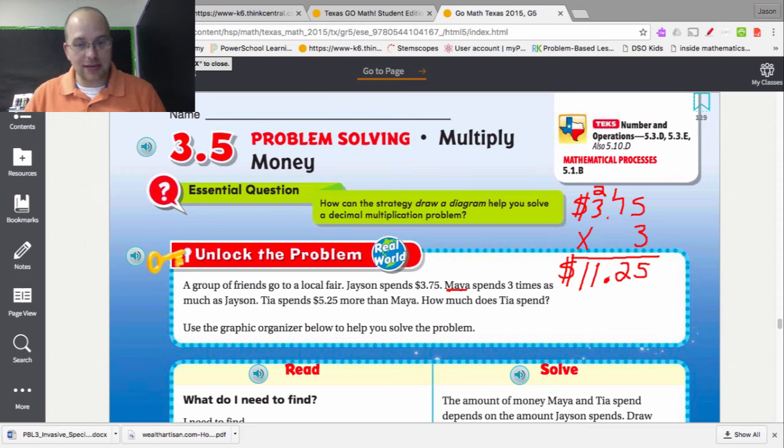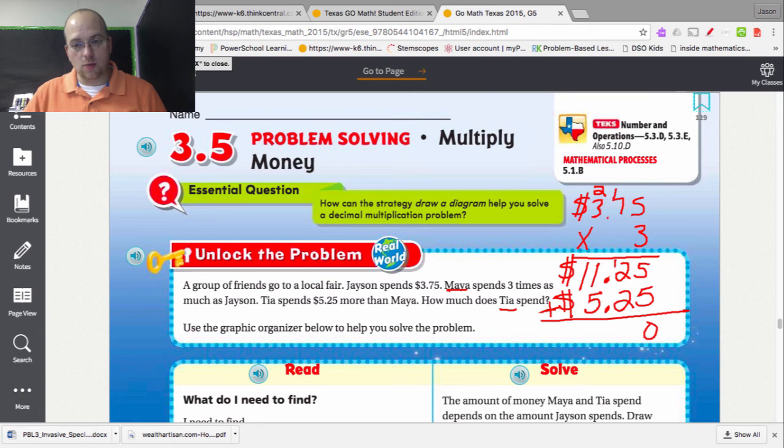But the question is, how much does Tia spend? And Tia spent $5.25 more than Maya. So we can add $5.25. Remember, when we add decimals, we must line up the decimal points so that our numbers are aligned correctly. So let's add. 5 and 5 is 10.